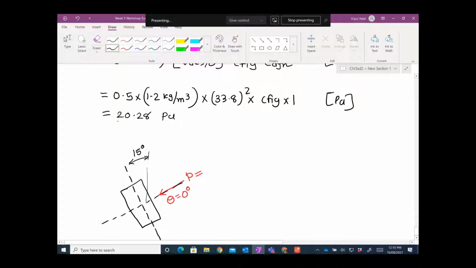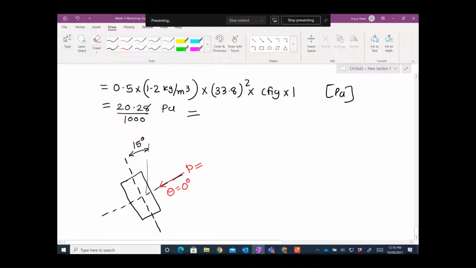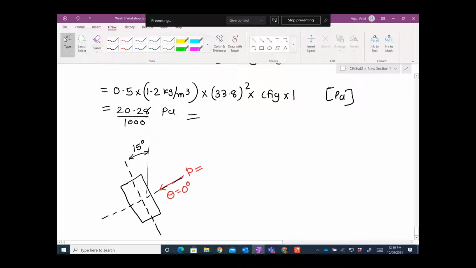pascals. And if I divide by 1000 to get it in kilopascals, you will get... let me check. 0.5 times 1.2 times 33.8 square. You get 685. Sorry, I screwed up.